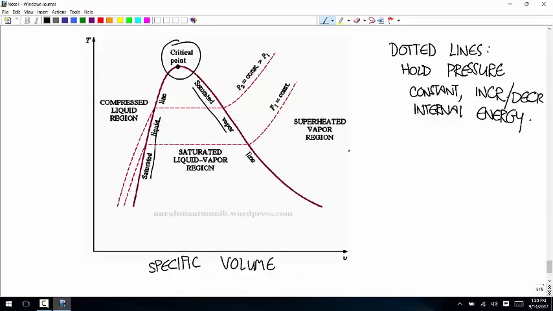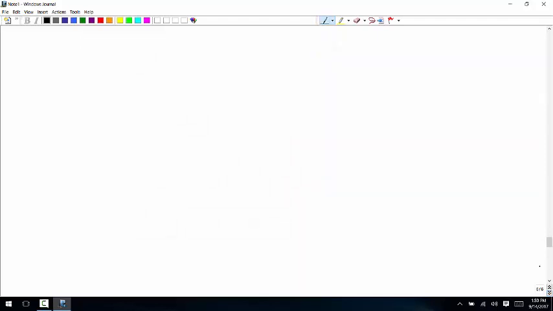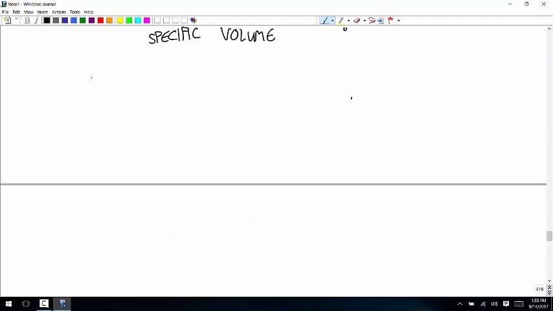Okay, so when you're going from saturated liquid, so over here is the liquid region. In the liquid region, I'm almost done.